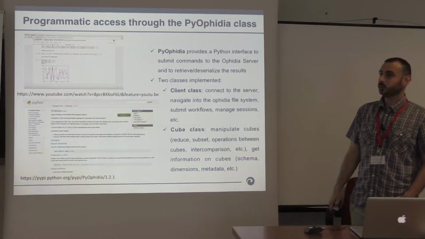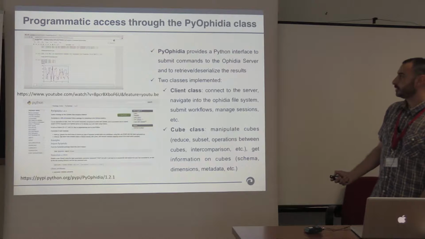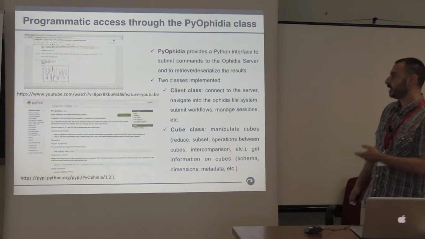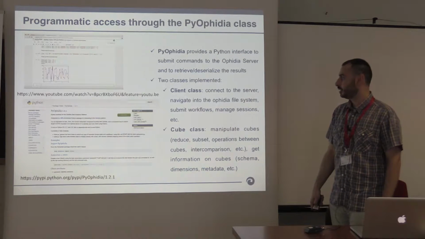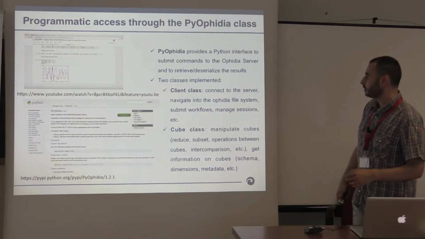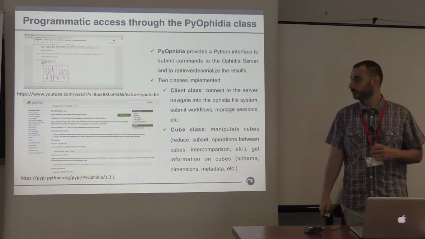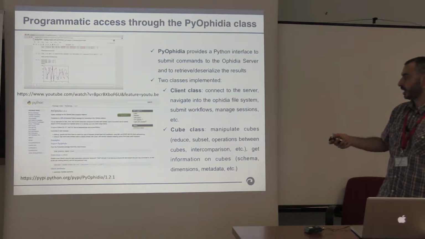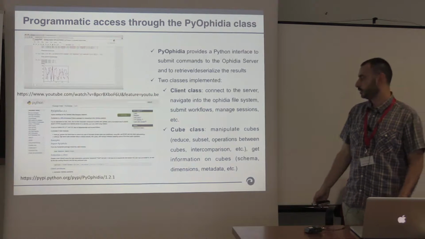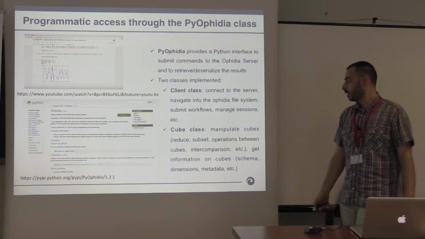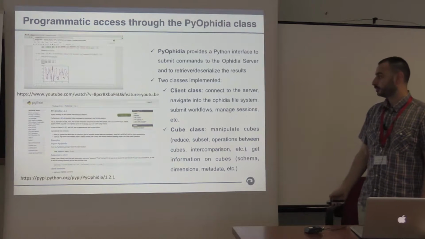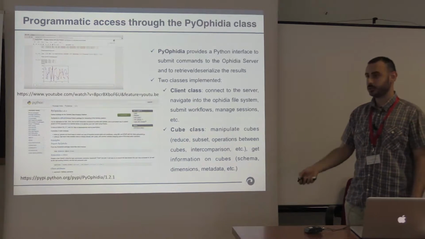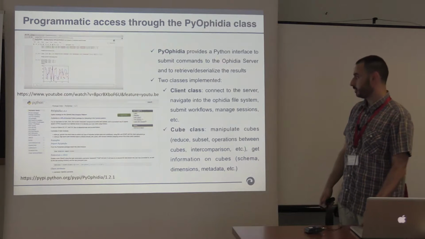We implemented two classes: a client class to connect to the server, to navigate the Ophidia file system, to submit workflows, manage sessions, and so on. And a cube class to manipulate cubes, reduce, subset, operations between cubes, and so on, and to get information on cubes, schema, dimensions, metadata, and so on.